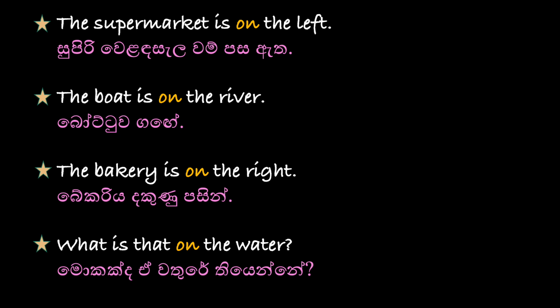The boat is on the river. The bakery is on the right. Now, the idea of flat surfaces also includes water, so rivers, oceans, lakes. What's that on the water? He will take you out on the beach in his boat.